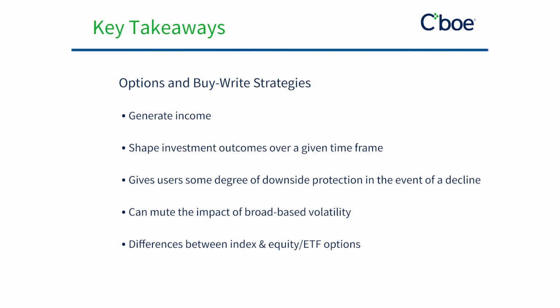Options, and buy right specifically, give the user some degree of downside protection if and when a market or equity declines. Options can mute the impact of broad-based volatility to some degree depending on the approach. There are differences between index options and equity or ETF options surrounding style, settlement, and tax treatment.